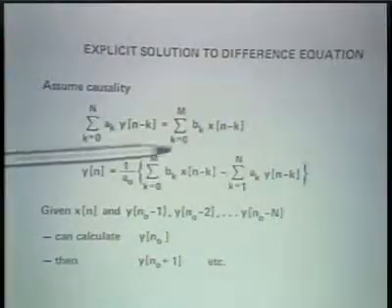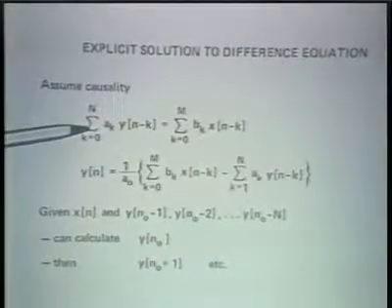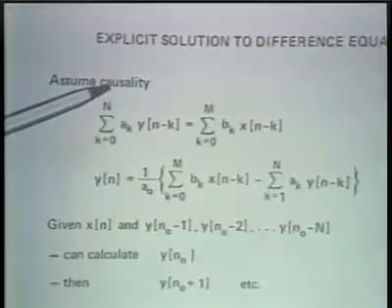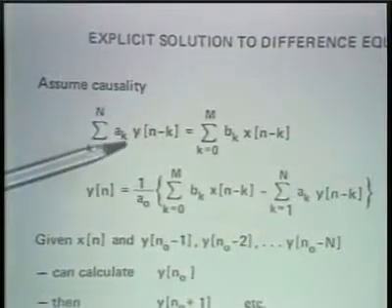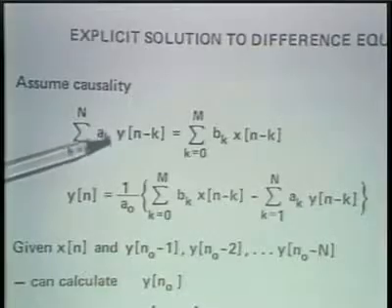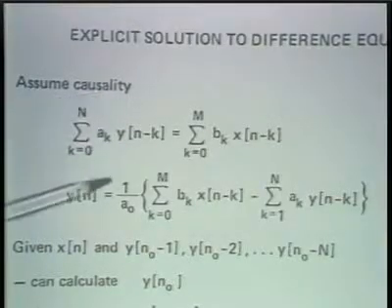Let's consider the nth order difference equation as I've indicated here, and let's assume that we're imposing causality, so that the output can only depend on prior values of the input and therefore on prior values of the output.